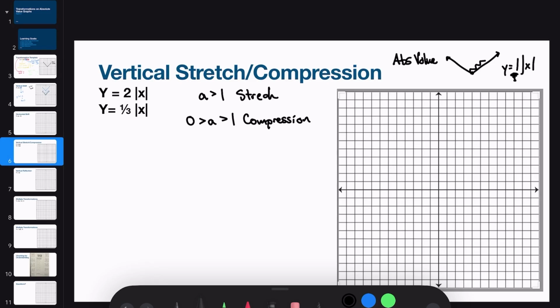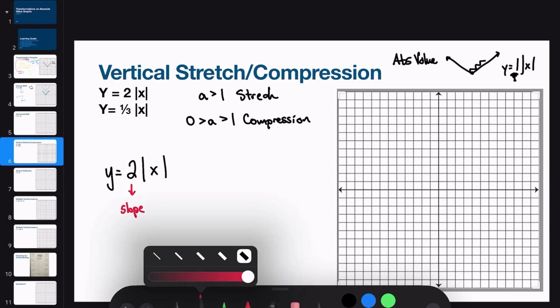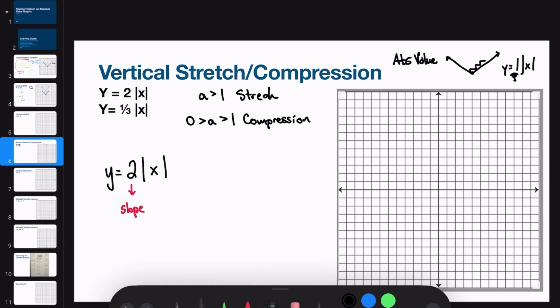If we look at this first one, we have y is equal to 2 absolute value of x. That's telling us this 2 is just going to be the new slope of our absolute value. So if I graph my parent like always, my parent goes here and has a slope of 1, and then a slope of -1 over here.